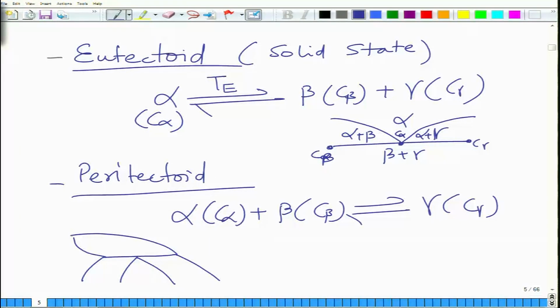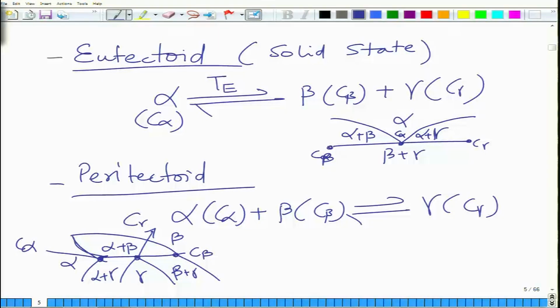Okay, so you have alpha plus beta, this is the alpha, this is the beta phase field giving rise to gamma, this is alpha plus gamma, this is beta plus gamma. So these are the three composition points: this is C beta, this is C alpha, and this is C gamma.